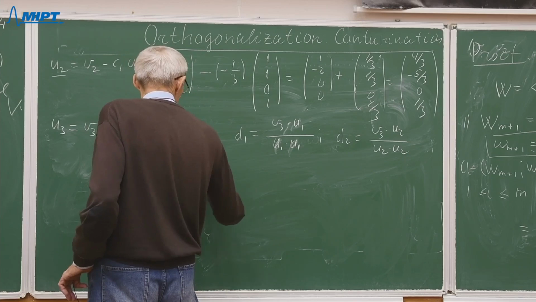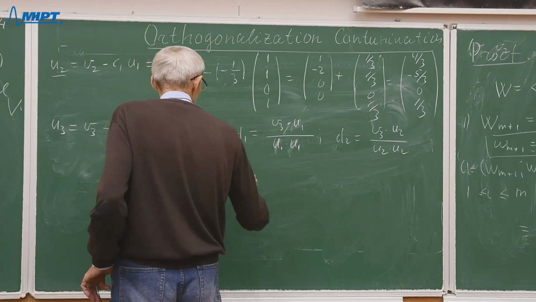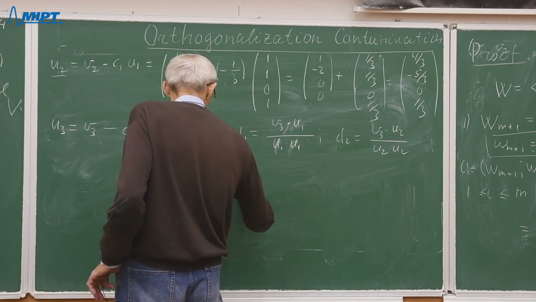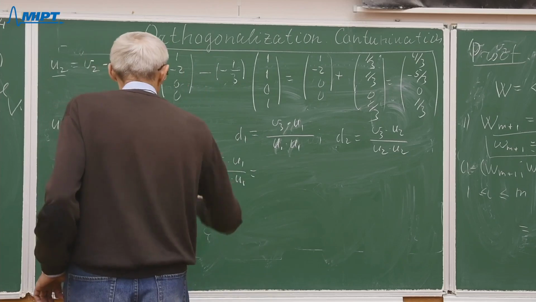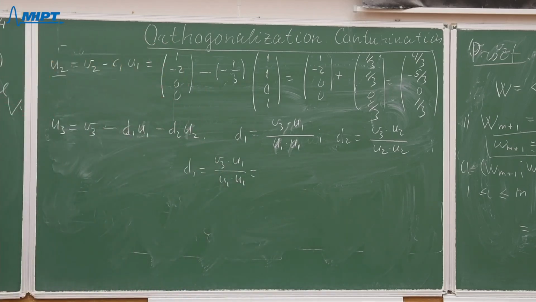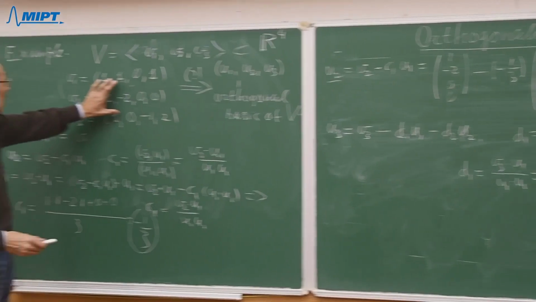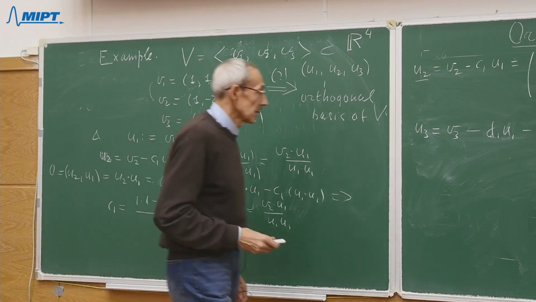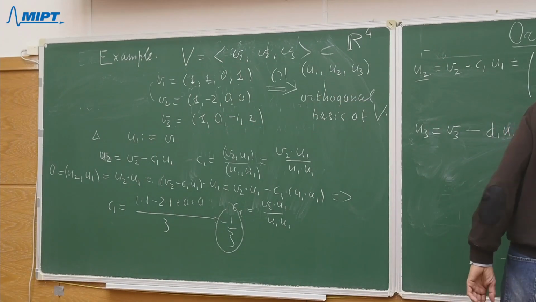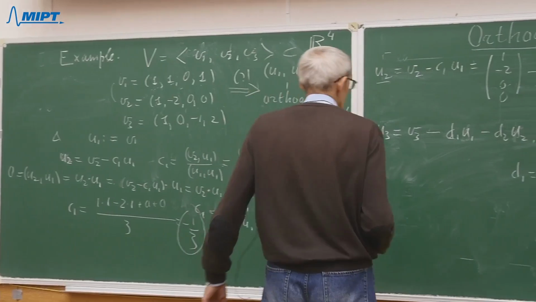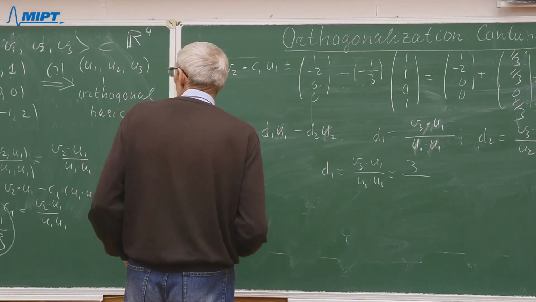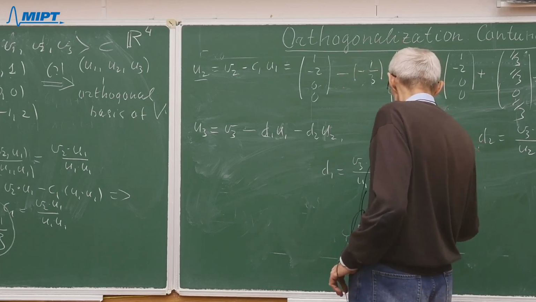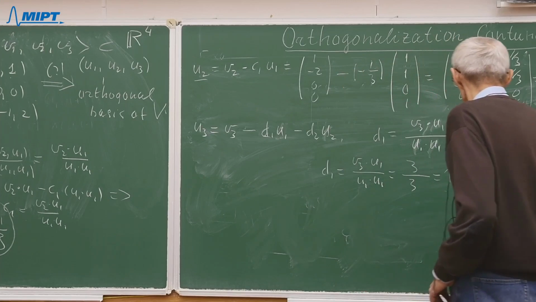We calculate d1. v3 times u1: we obtain 1 plus 0 plus 0 plus 2, which is equal to 3. And u1 times u1 we have checked before, and it is equal to 3, and d1 is equal to 1.